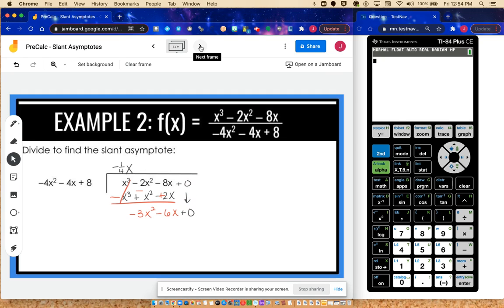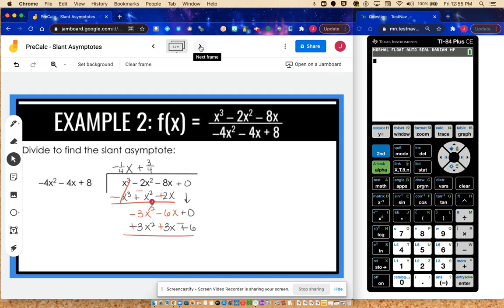What do we have to multiply it by? Well, we're going to have to multiply by positive 3 over 4. That way the 4 cancels, but the 3 stays behind, and I already have that x squared. So when I distribute that, that will give us negative 3x squared. That's going to give us a negative 3x, and that will give us a, let's see, 6, I believe. We'll subtract.